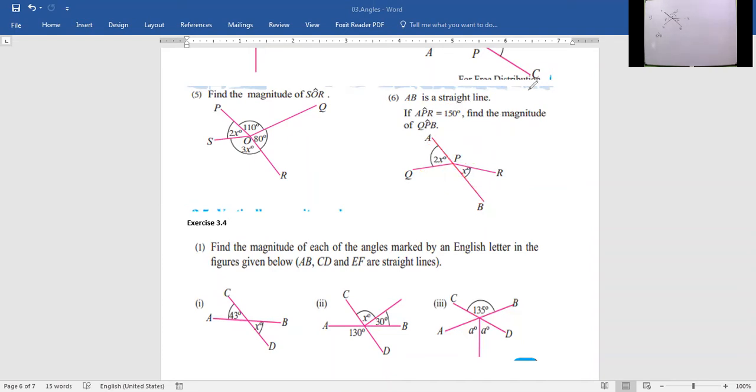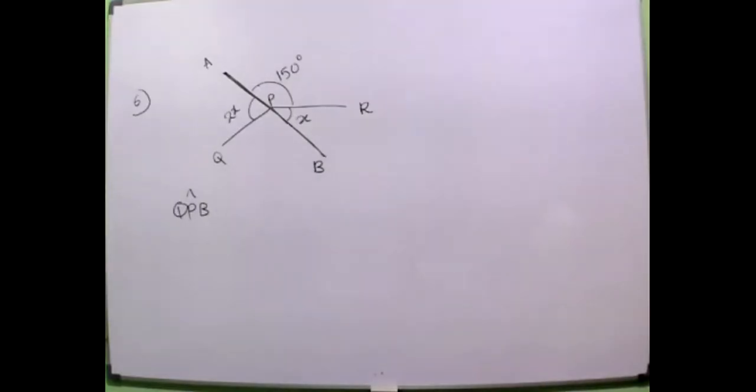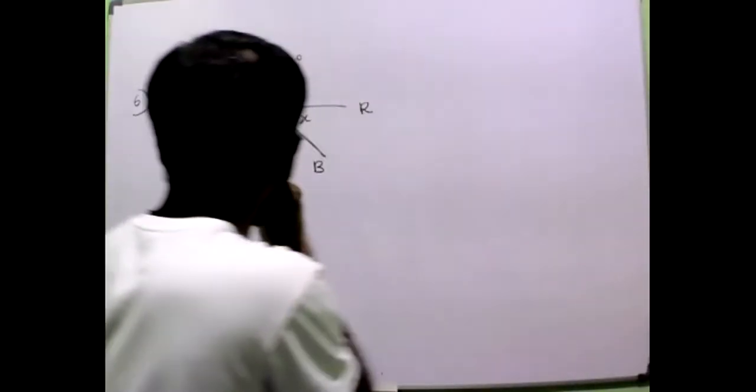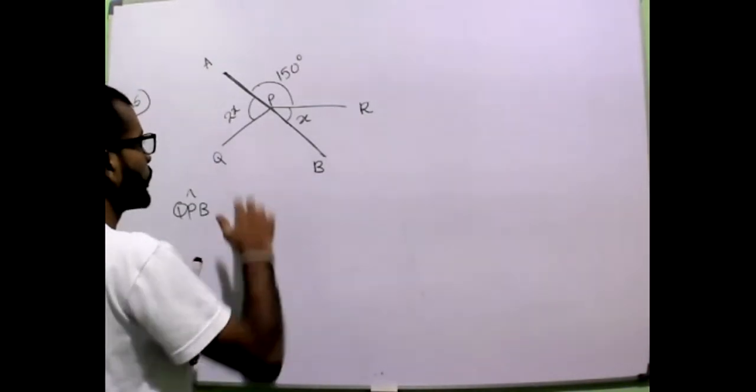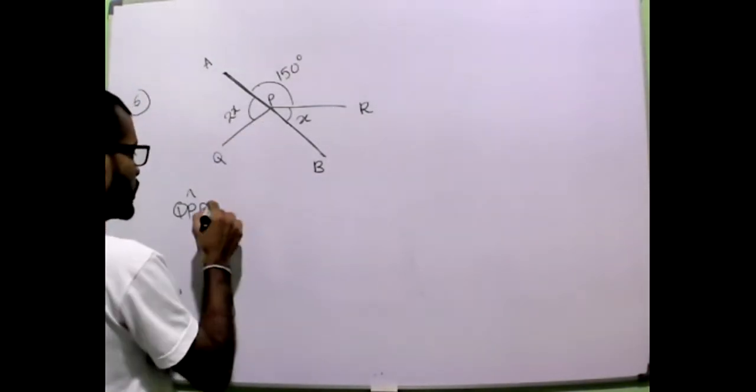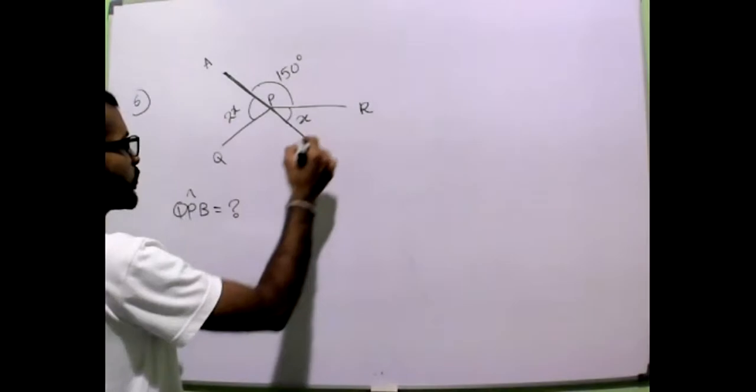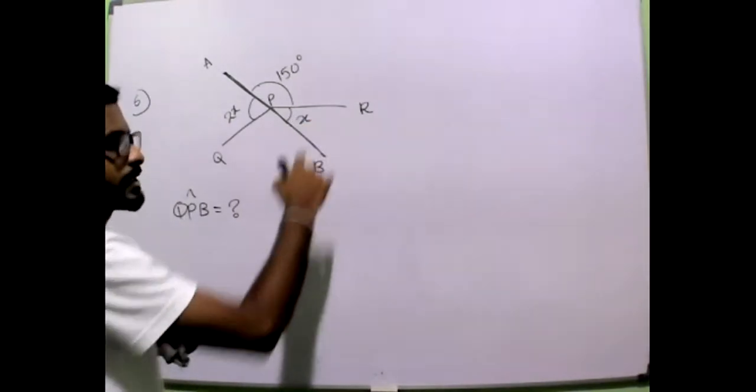I showed you how to find it, and I will stop sharing. Now this is it. AB is a straight line. So before finding the value of QPB, we have to find the value of x.